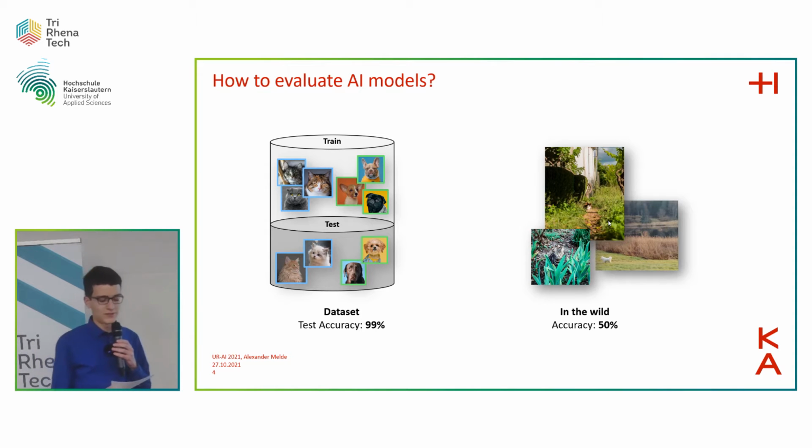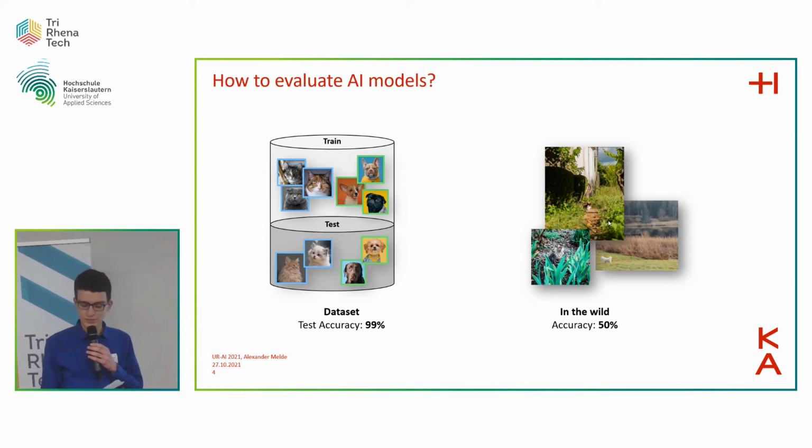Traditionally, an AI model is evaluated by splitting the dataset into two parts, training with one set and testing with the other set, counting the percentage of correct predictions. This can lead to big problems if the test dataset does not represent the real-world scenarios sufficiently.